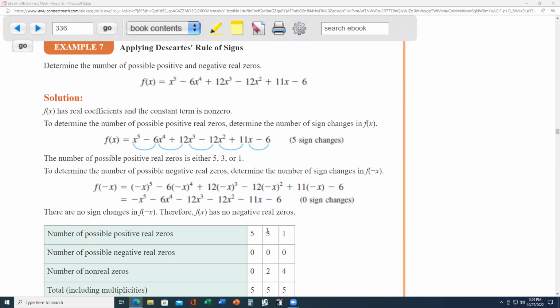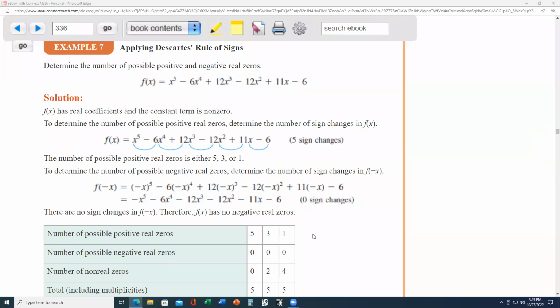But if it has 3 positive real zeros, that means it must have 2 complex zeros. And remember, by the conjugate pair theorem, these complex zeros always come in conjugate pairs. So that makes sense. And that would give us a total of 5 zeros.